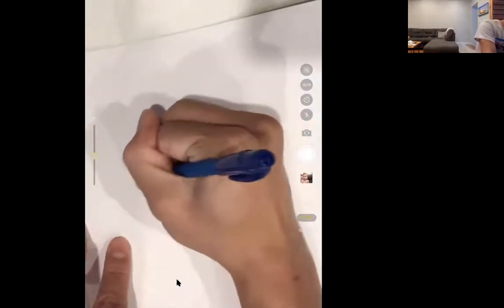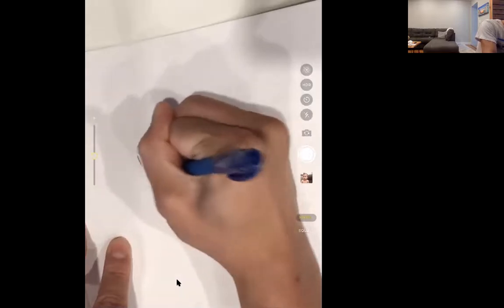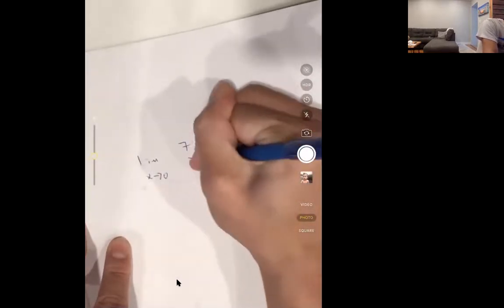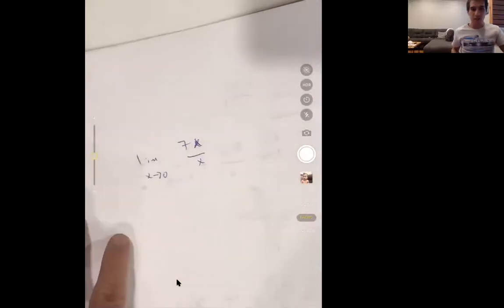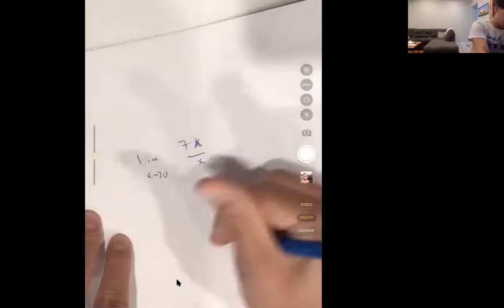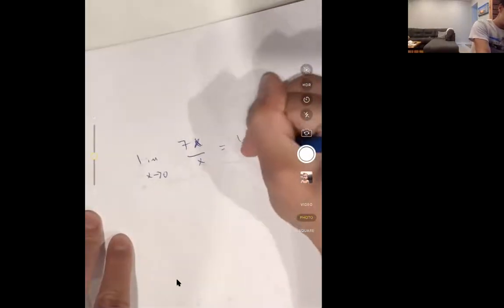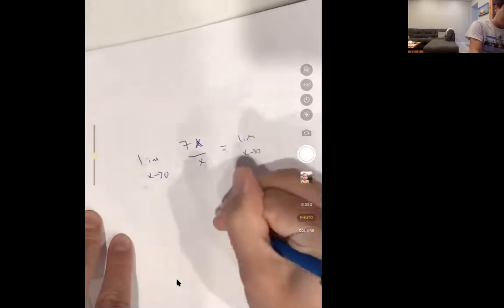So now if I take the limit as x goes to 0 of 7x over x, so now the top is tending towards 0, the bottom is tending towards 0, but this function is the same function as, well, let's graph this function, right?